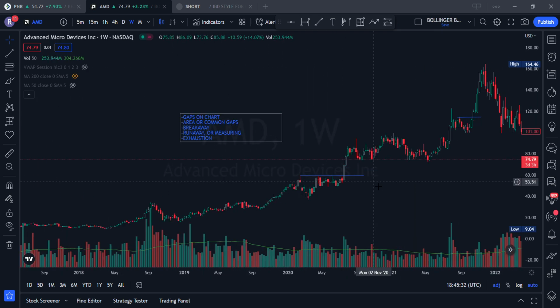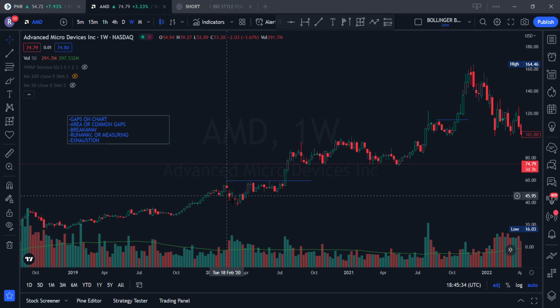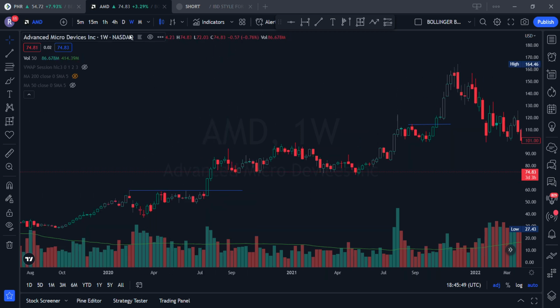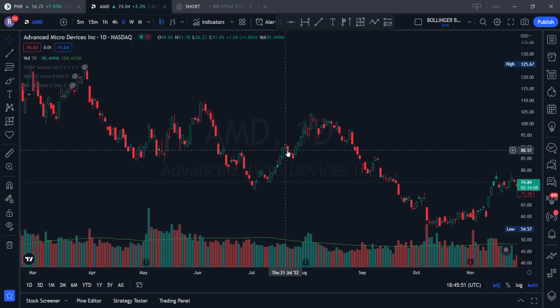Later on this appeared as a cup and handle pattern. This was a cup of several weeks, and here is the handle area. The volume generally remains light in the handle area, but I'll just focus on the gaps and their properties.